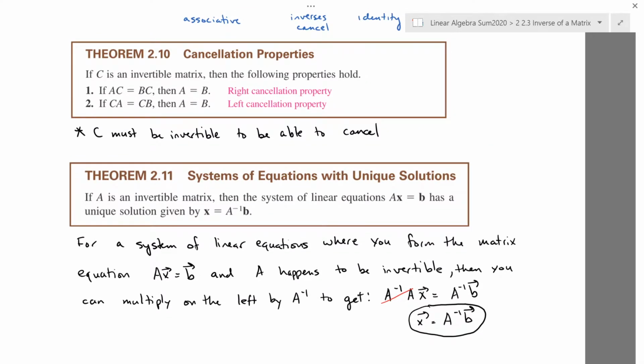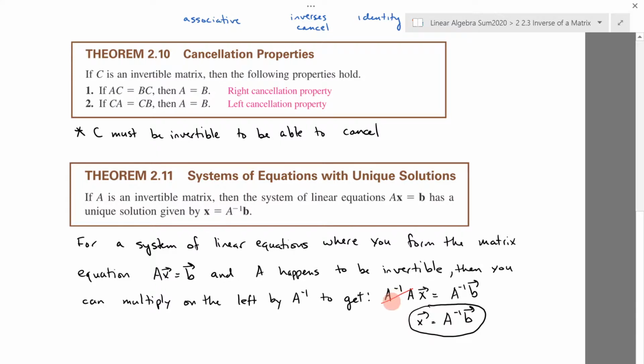Okay, so the final property here relates the matrix inverses back to systems of linear equations that we've dealt with previously, right? So if you have a system of linear equations represented in the form Ax equals b, where x is a column vector and b is a column vector, and A is a square matrix, and A happens to be an invertible matrix, you can cancel A on the left by A inverse, and that'll allow you to solve for x.